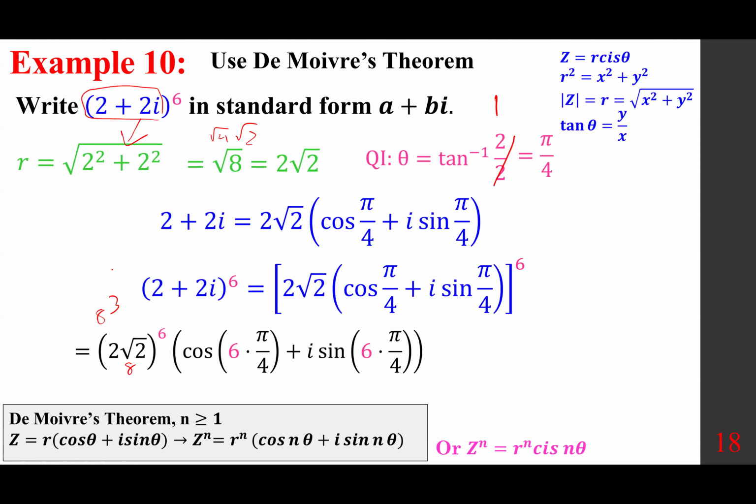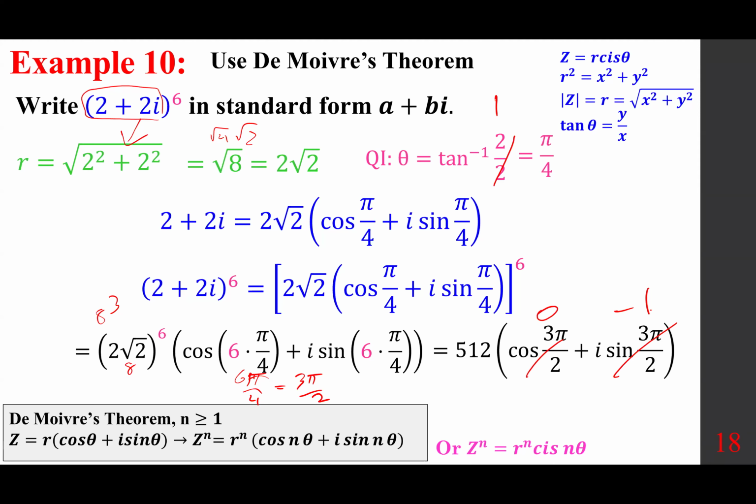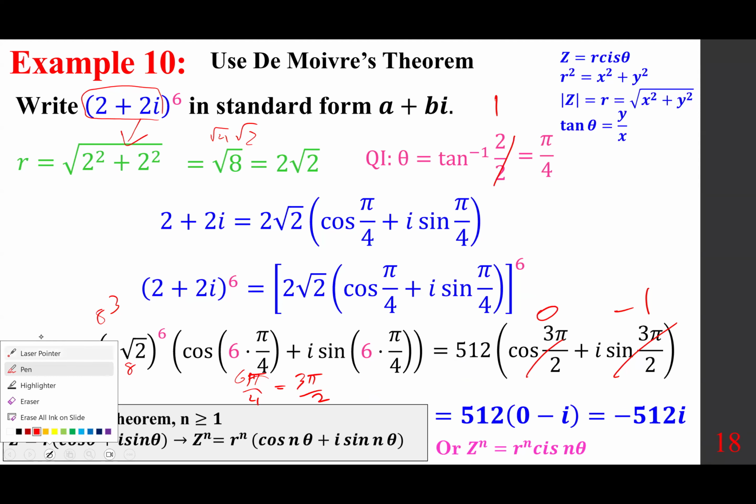It's 512, and the angle is 6 times pi over 4, which is 3 pi over 2. As you know, cosine is 0, sine is minus 1. So 512 times 0 minus i, or minus 512i. In other words, if you want to raise this to the power of 6, it takes quite a while. Putting it in a polar format and bringing it back, it goes very fast.